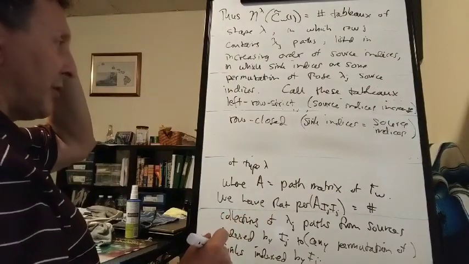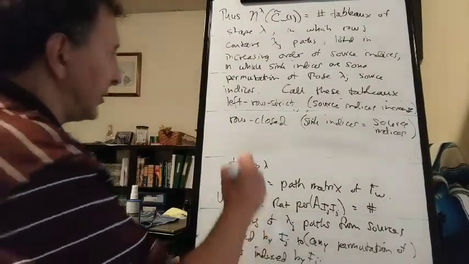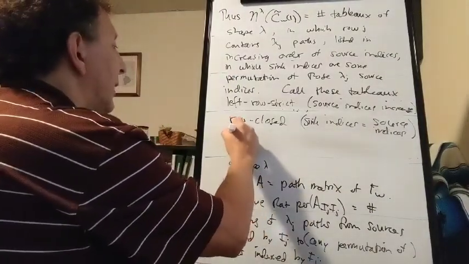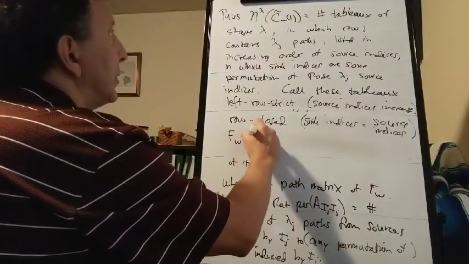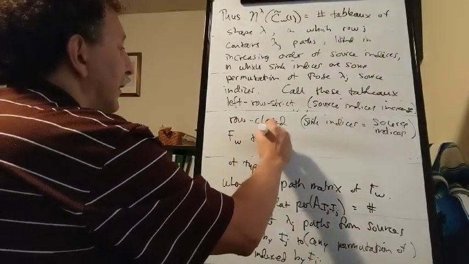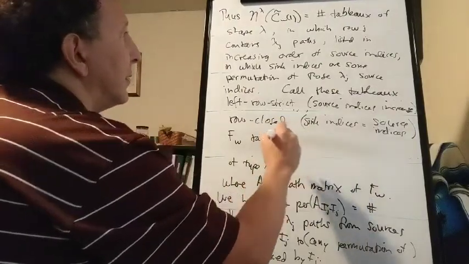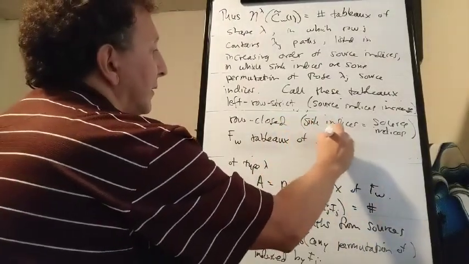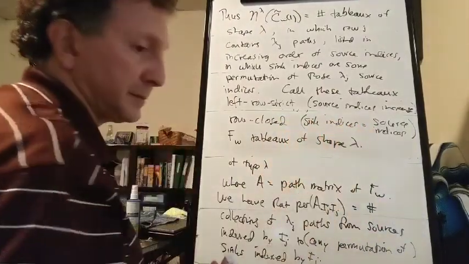So we'll call them left row strict, row closed, Fw tableaux of shape lambda.